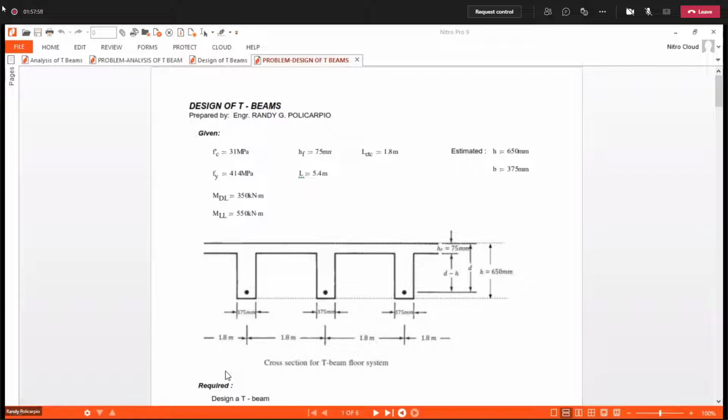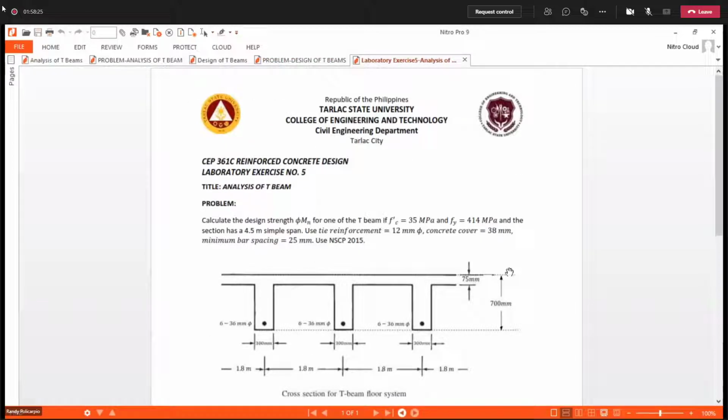It's already given. But in your laboratory, hahanapin nyo. Nakita natin yan dun sa design, kung paano kumuha ng effective width. But you're going to follow NSCP.